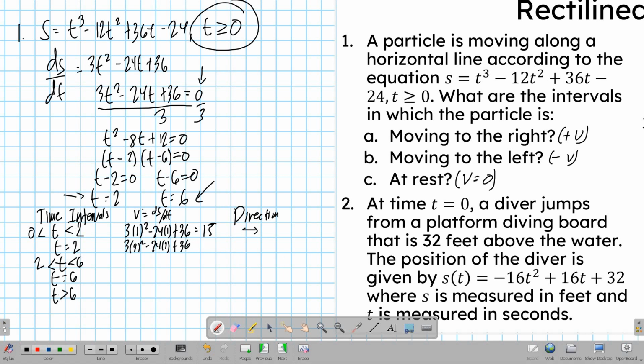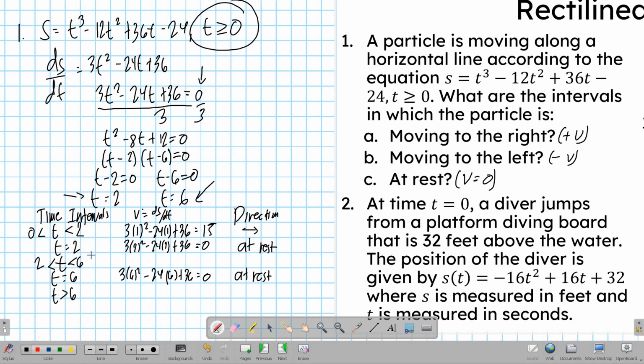So already here we can say that this is 0, and even here, 3 times 6 squared minus 24 times 6 plus 36 will be equal to 0. So at these two exact times, the particle is at rest. So we already have an answer for letter C.